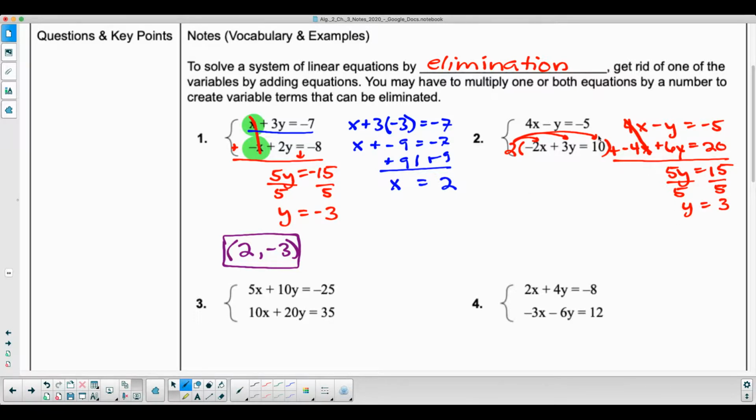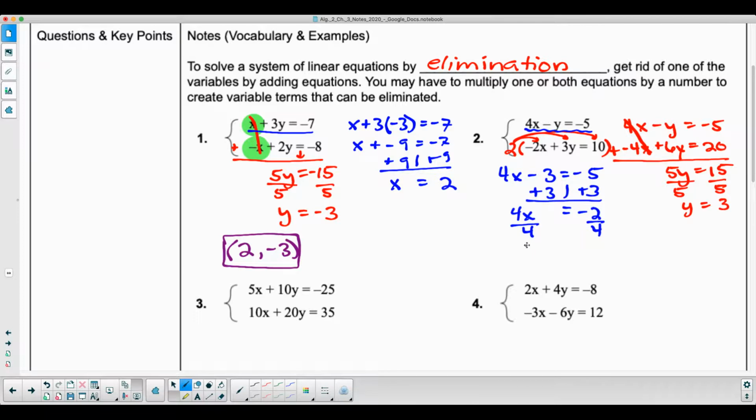So y is 3. I'm just going to pick the first equation to put it into. 4x minus y, so minus 3 equals negative 5. Solve for x. Add 3 to both sides. 4x equals negative 2.